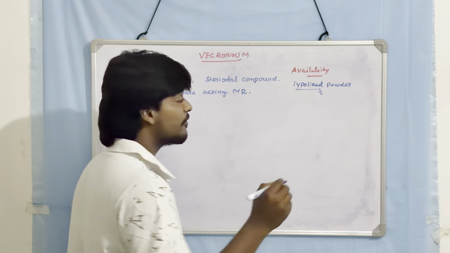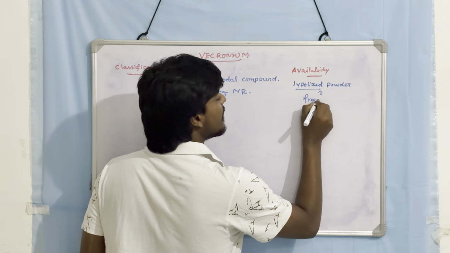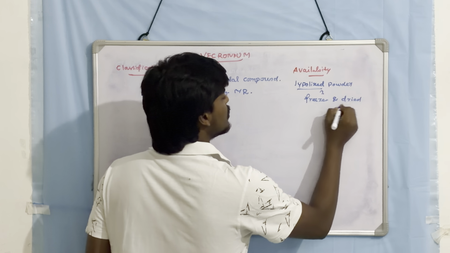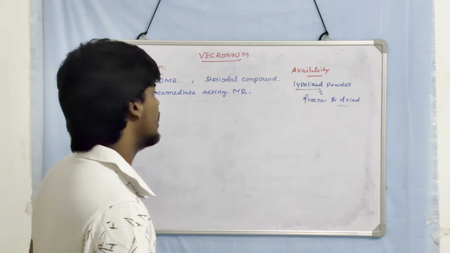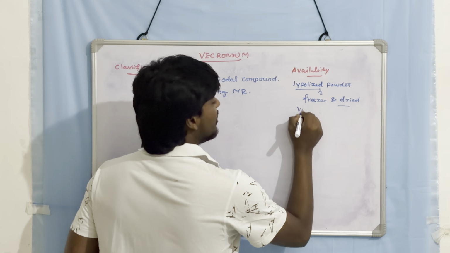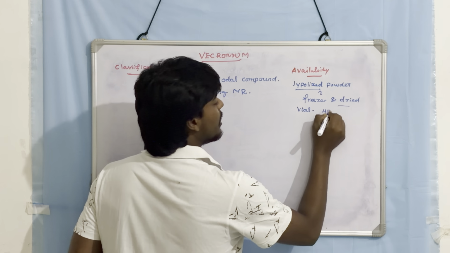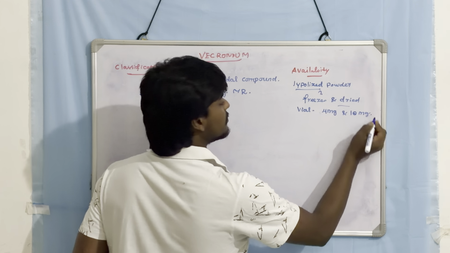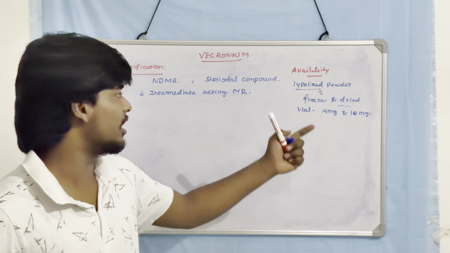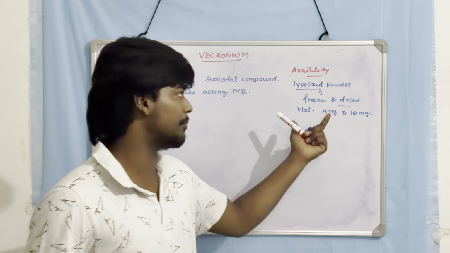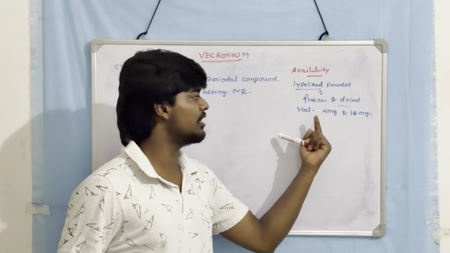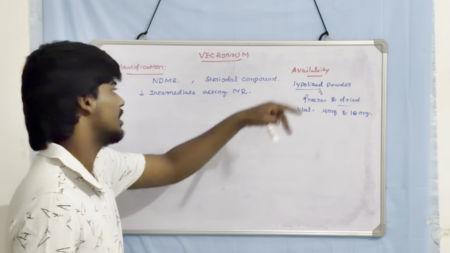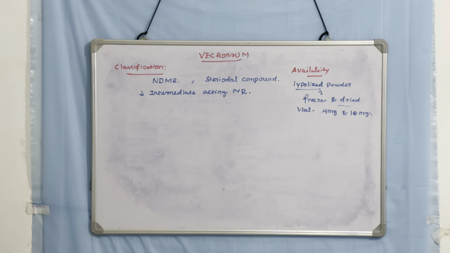It is freeze dried, so it comes in powder form. It comes in vials of 4 mg and 10 mg. That means the dry powder in the vial contains a drug amount of 4 mg or 10 mg. This is the availability of Vecuronium.